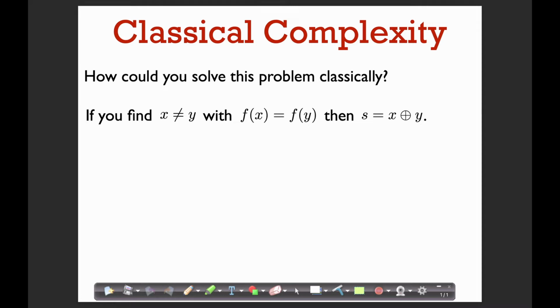Because if f of x equals f of y, then according to the promise, either x equals y, and we're assuming here that that's not the case, or x is equal to y XOR s.